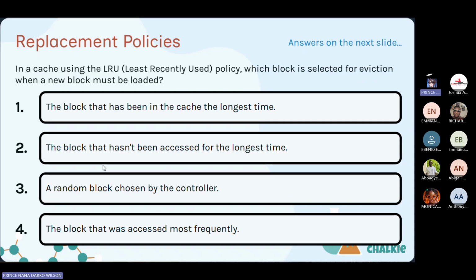Are there any answers? Or should I point a few people out? Okay, I spy Richard. Richard, would you like to share your answer with us if you are active? In the least recently used policy, which block is selected for eviction?